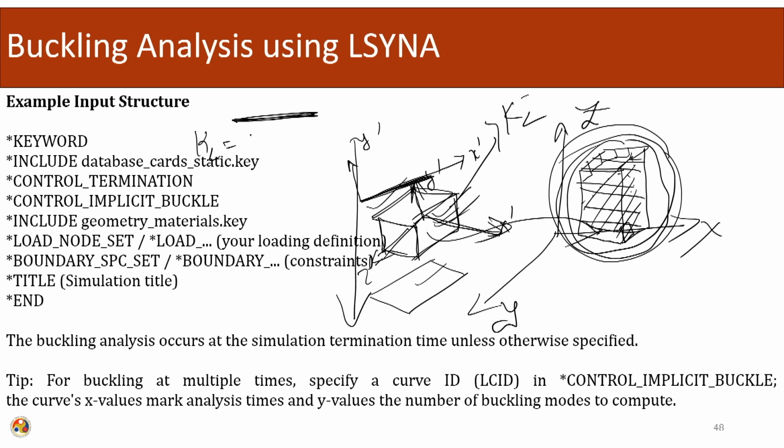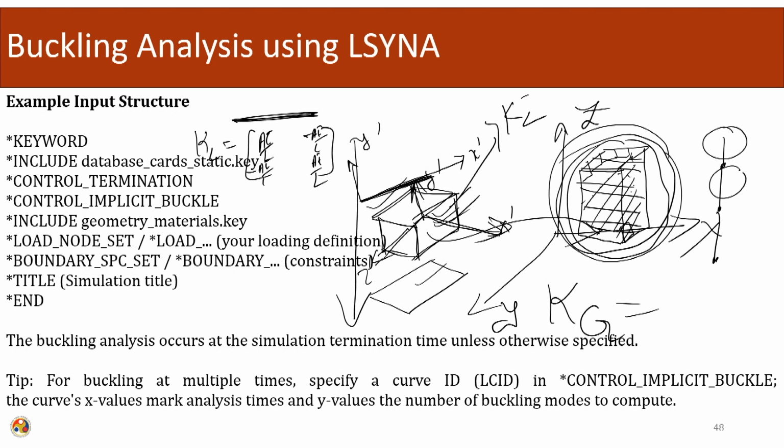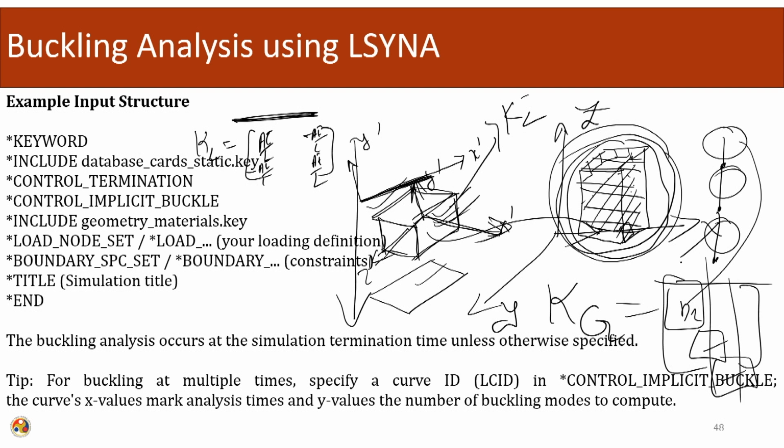So k local will be AE over L, minus AE over L, minus AE over L and AE over L, depending upon the 2 degrees of freedom here. If you are making a system using all these bars, then my k global will be formed, which will be the result of joining all these pieces of bars, bar 1, bar 2 and bar 3. And here they will be joined by the choice of my coordinate system.